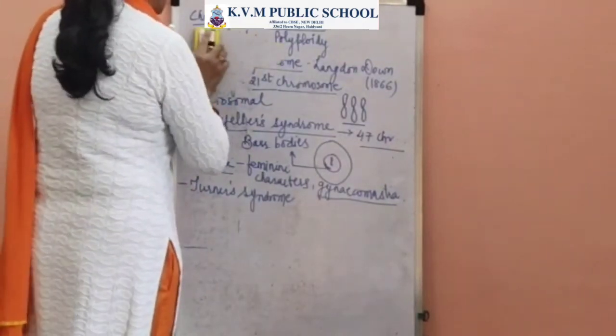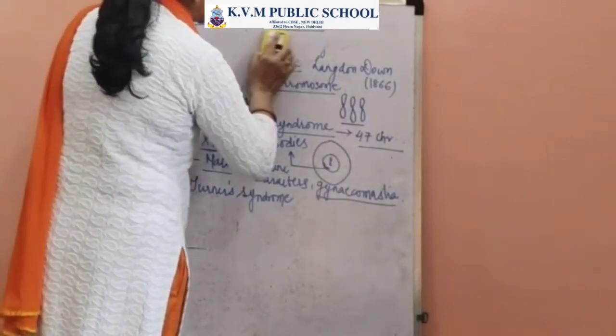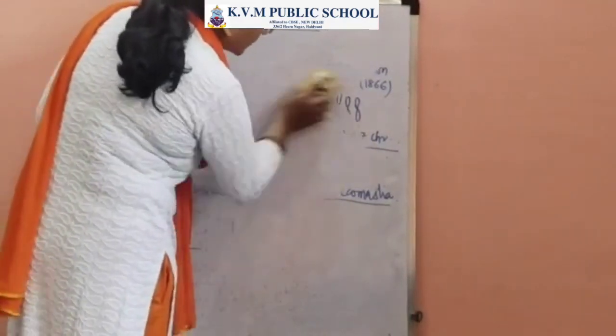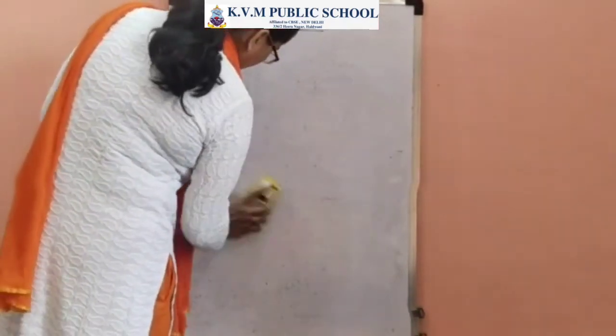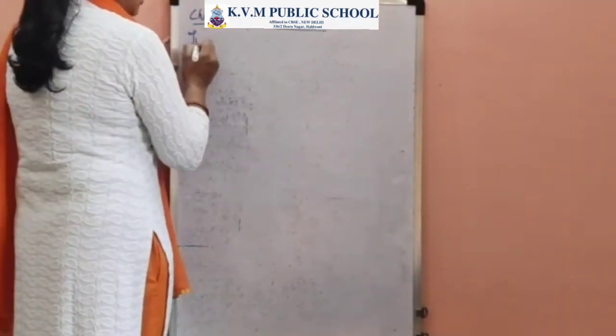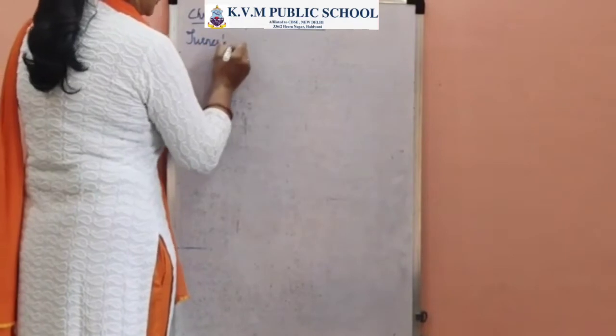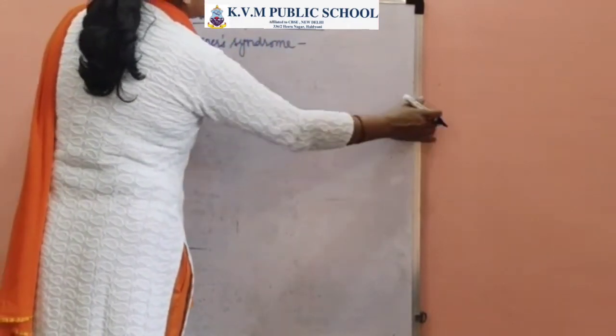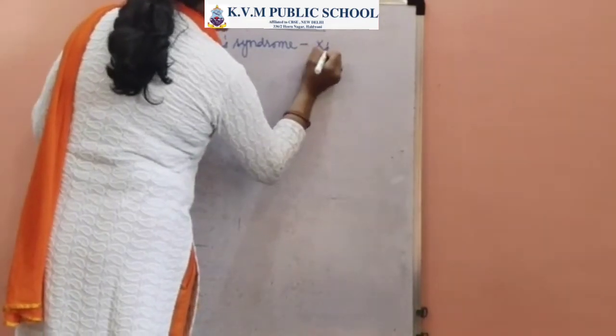Again, it is a type of chromosomal abnormality. Turner syndrome is characterized by the genetic constitution XO. So talking about Turner's syndrome, the genetic constitution of the individual will be XO.